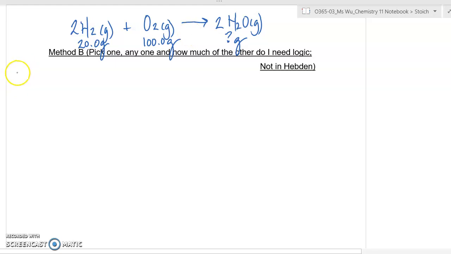Let's just pick hydrogen. If I'm using up all of the hydrogen that we're given, how many grams of the other ingredient, being oxygen, would I need?